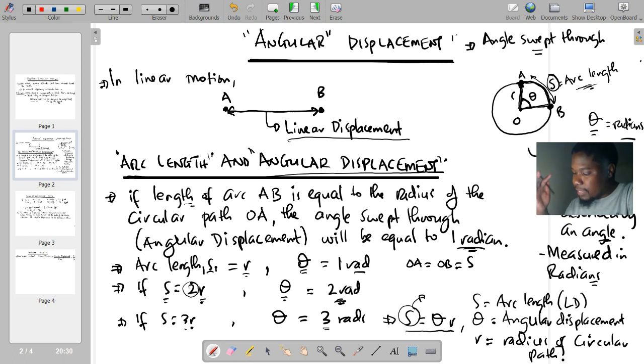Theta in this case is the angular displacement. Okay, S is the arc length, which is the displacement around the circular path, and r is the radius of the circular path. Remember, arc length is not angular displacement. Angular displacement is the theta. It's the displacement described by an angle. Very important for you to remember.